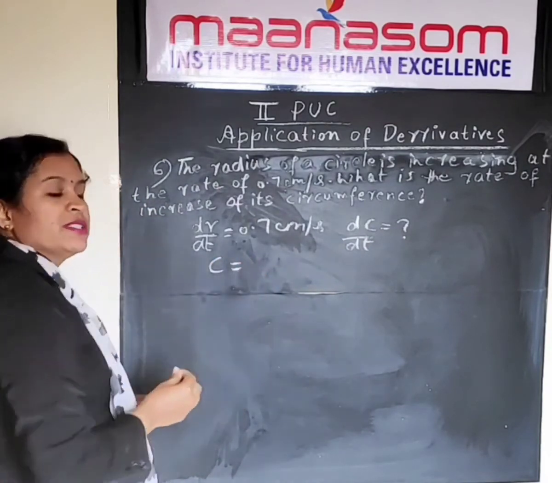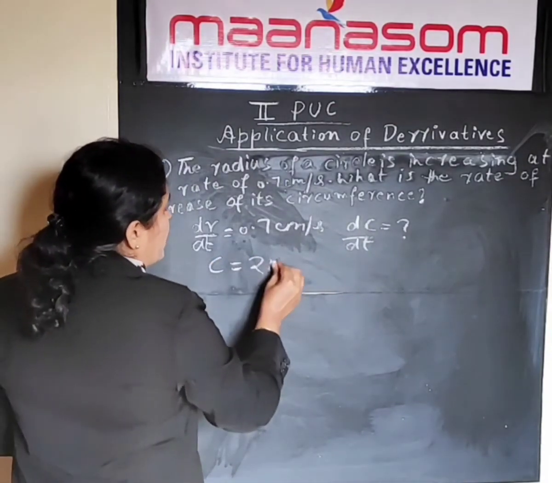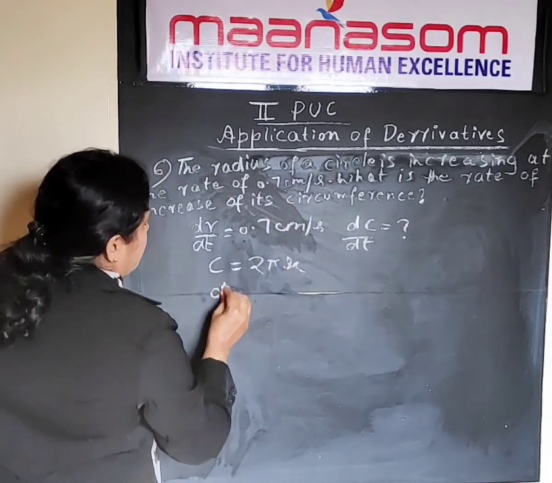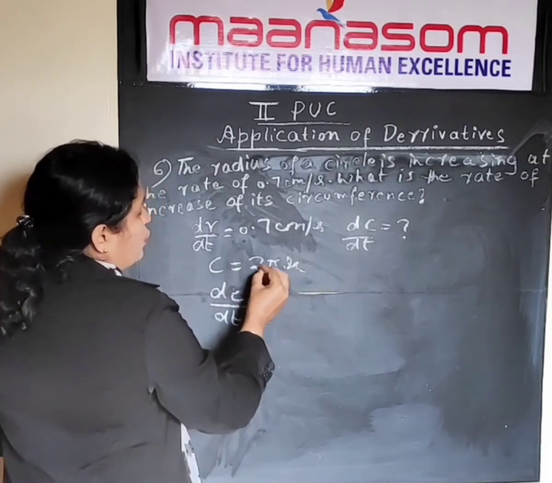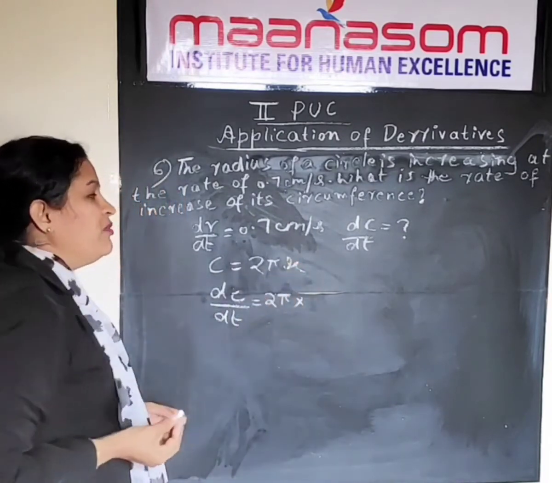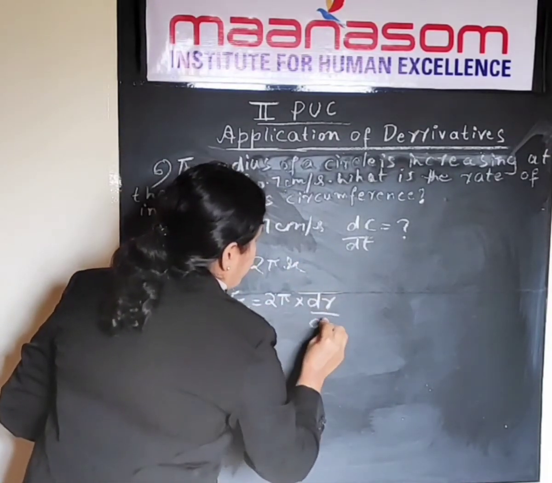What is the formula for the circumference of the circle? C is equal to 2 pi r. Now let us differentiate this C. So this becomes dc by dt. That will be equal to 2 pi is a constant. So write as it is 2 pi into, when we differentiate r, it becomes dr by dt.